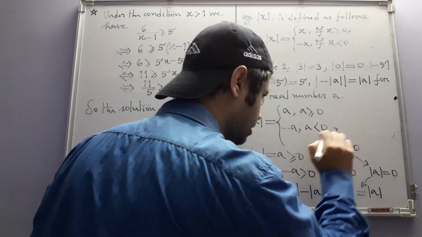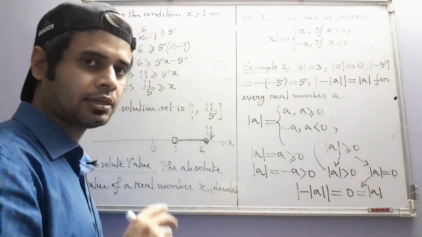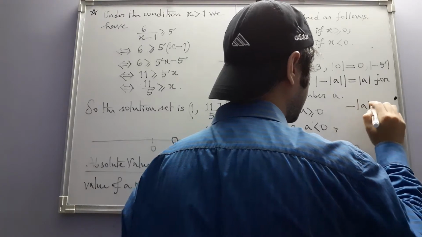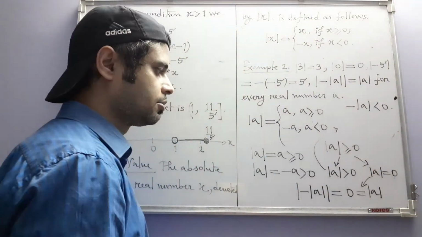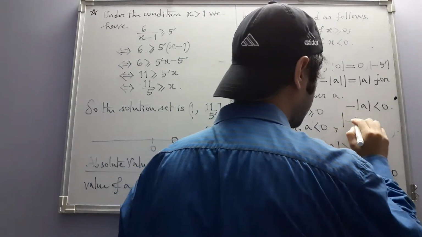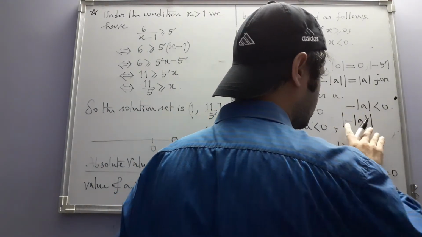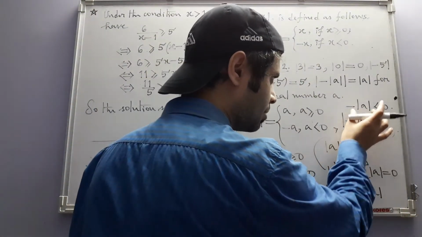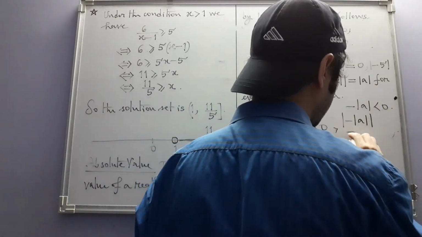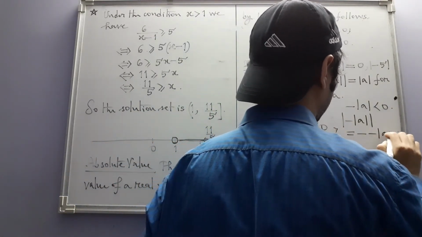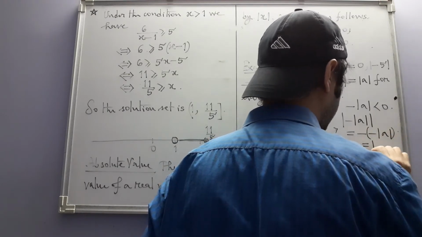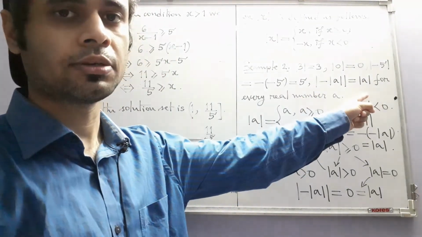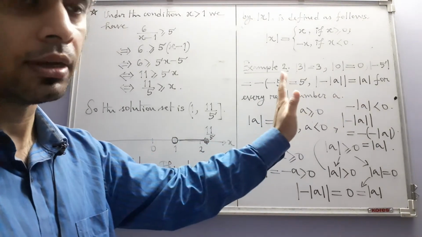And if the absolute value of a is greater than 0, then its negative is less than 0. So by definition, within the outer absolute value, this number is less than 0. So by definition, this is equal to minus of the number, and that is equal to a. So in any case, this is always equal to the absolute value of a for every real number a.